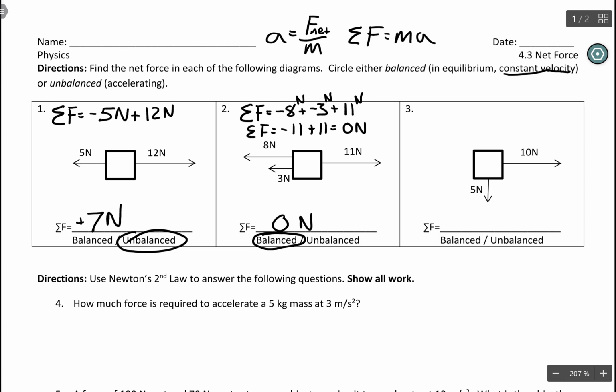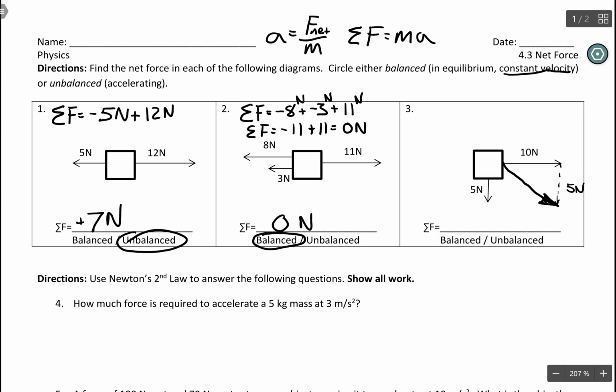When we're adding vectors, we want to make sure that they're connected head to tail. Right now, these are connected tail to tail, so we have to redraw at least one of the vectors. Let's redraw the 5 newton vector over here. So we start here, we go over and down. Our resultant vector, in this case the net force, is this vector here.